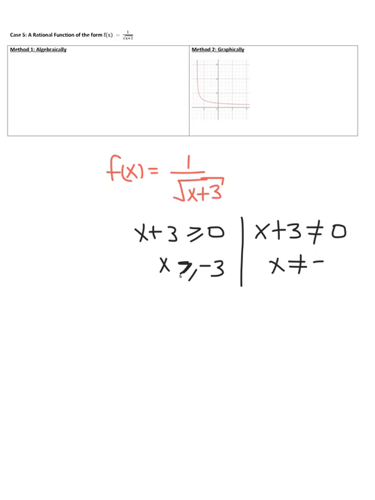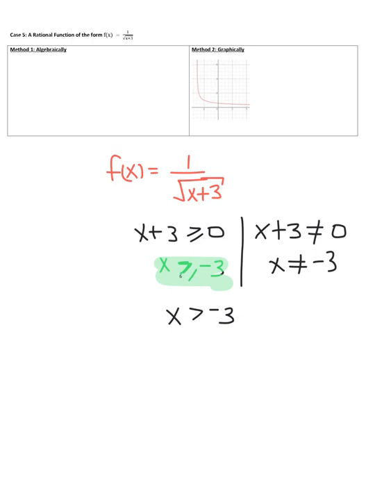Although the first condition says x has to be greater or equal to -3, the next condition says it cannot be -3. So that means x has to be greater than -3. This is what we come up with.